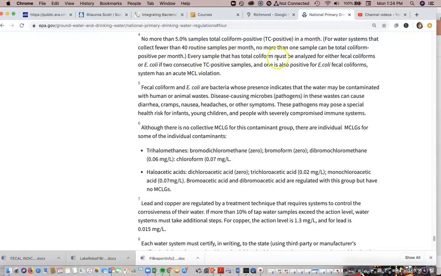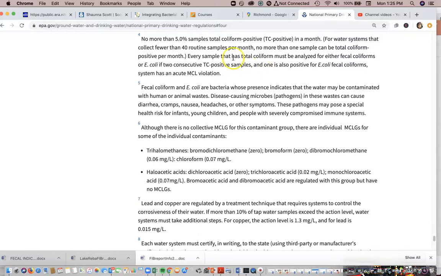Every sample that has a TC positive sample must be analyzed for fecal coliforms or E. coli, which is typically done with the IDEXX method. And if 1 is also positive for E. coli, then the system has an acute MCL violation.